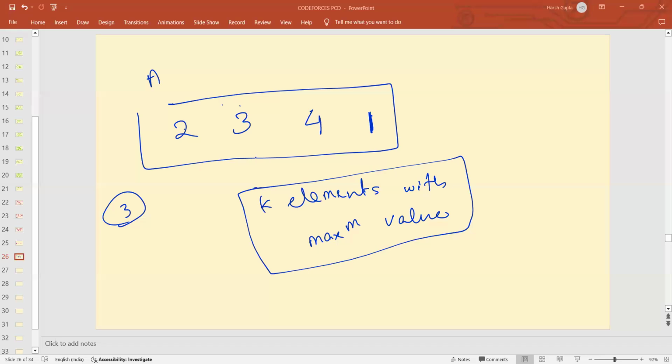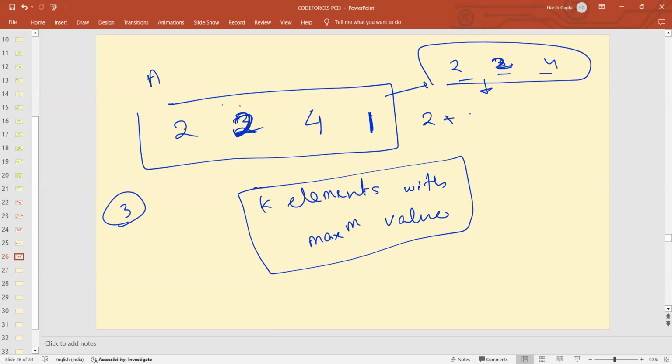But will that work? If I try to do something like that in this particular array, I will end up taking this particular subsequence 2, 3, and 4. If I calculate the value for this, let's take this as 2, I will get 2 plus the middle element 2 into 2, which is 4, plus the last element 4. So I will get a value of 10.